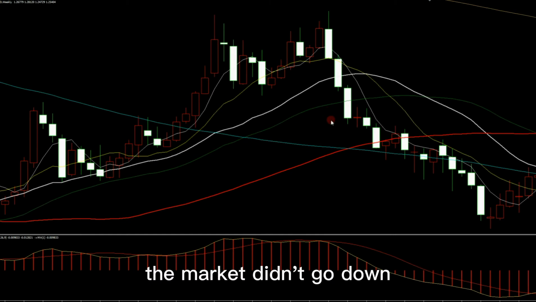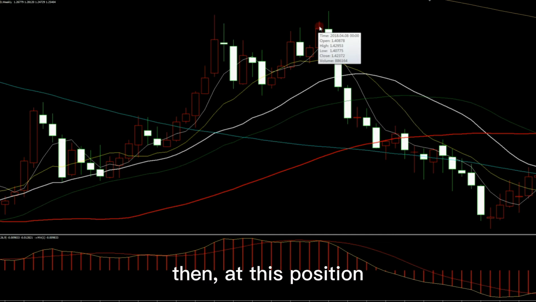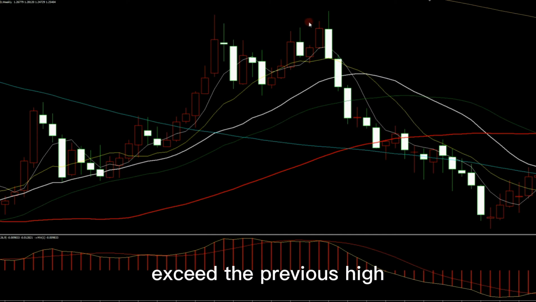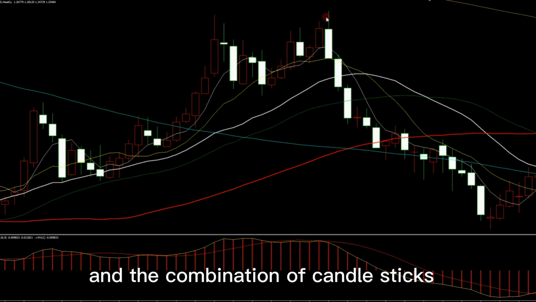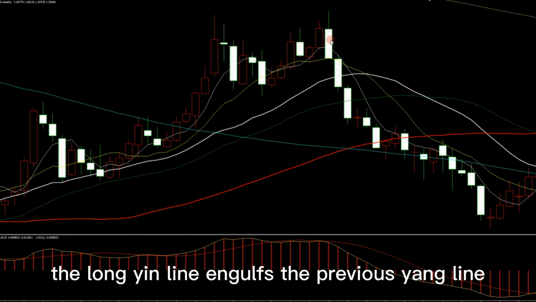But the market didn't go down. On the contrary, it continues to go up. And then, at this position, the combination of candlesticks still couldn't exceed the previous high. And the combination is a candlestick engulfing a bearish candlestick. The long inline engulfs the previous yang line.